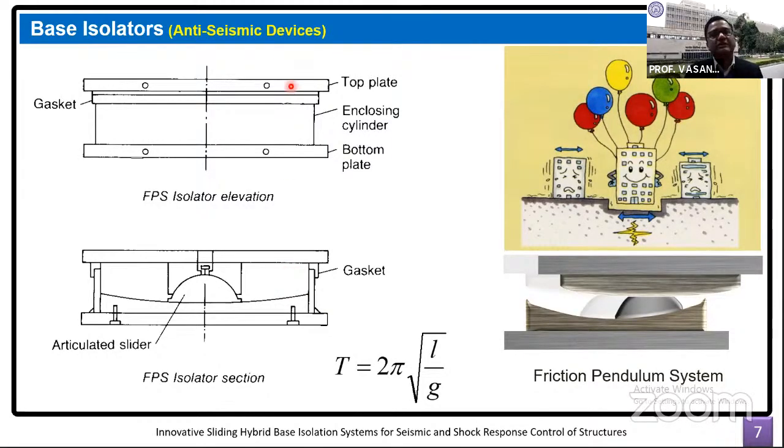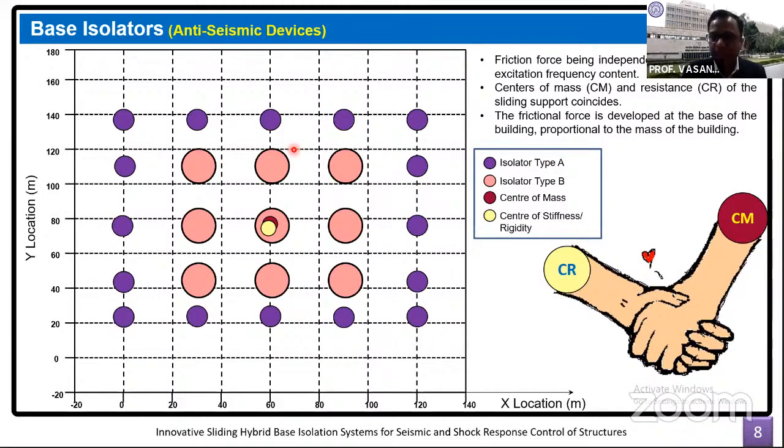If you note, the thickness of this isolator is extremely low compared to the other conventional elastomeric bearings, and I will talk about that; the plan size as well as the thickness of the sliding isolation systems are typically significantly less than the conventional elastomeric type of isolation system. So apart from these advantages of the sliding isolation system, there are three additional advantages which I would like to highlight.